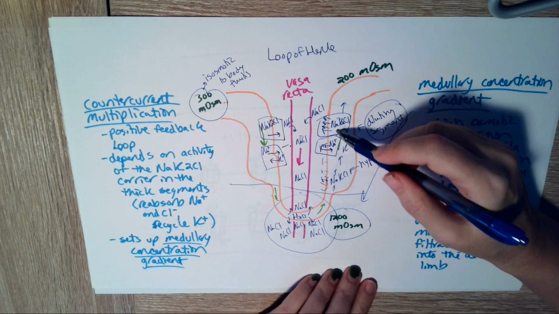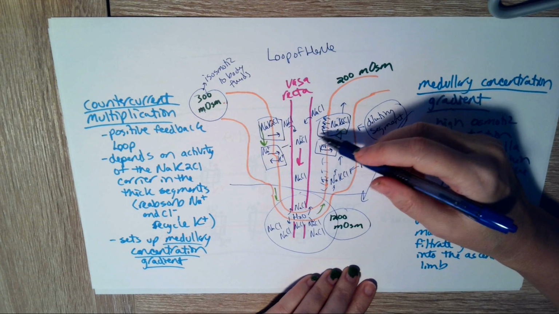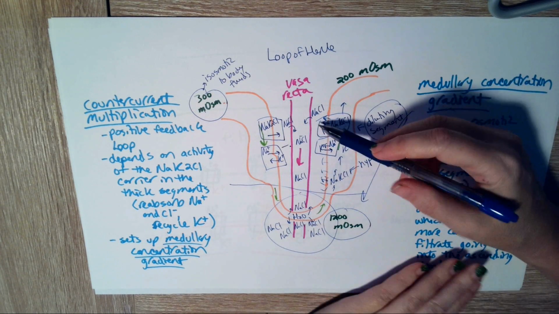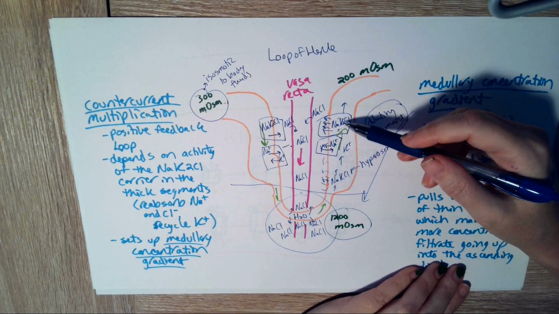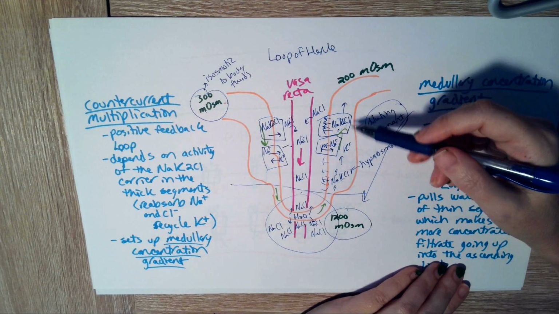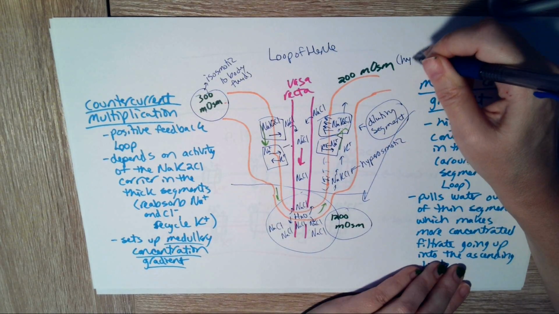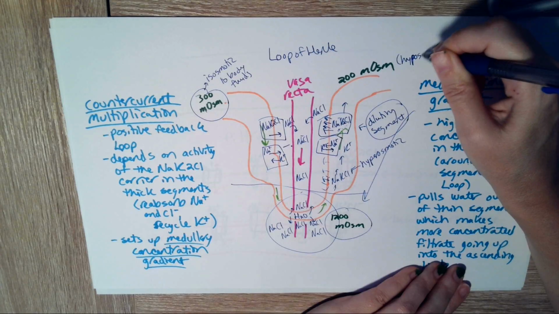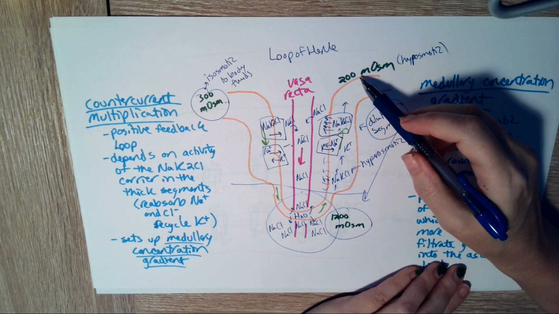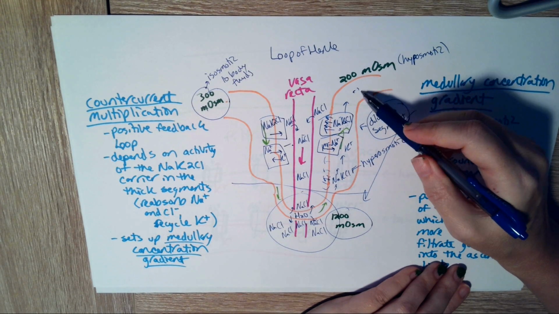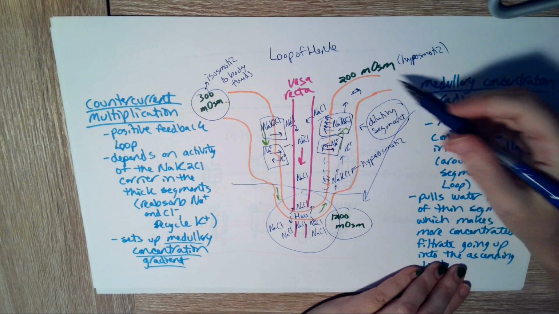That stimulates the heck out of these carriers, so these ions go out, out, out of the filtrate, leaving fewer ions and more water. So we're diluting it, and we're going to end up hypoosmotic to our body fluids, at about 200 milliosmoles by the time we reach the distal convoluted tubule. So that's one thing that's going on.